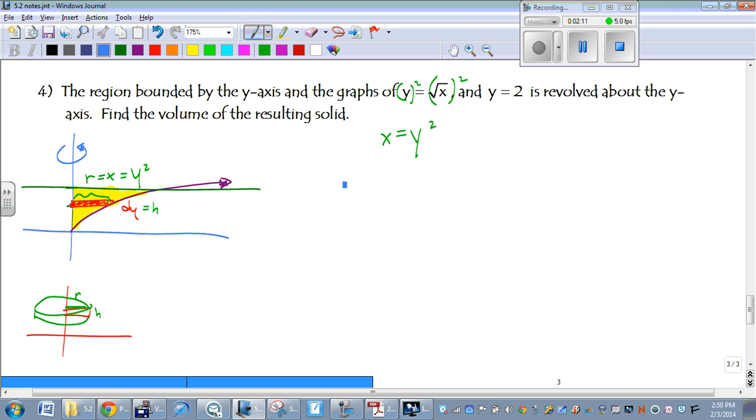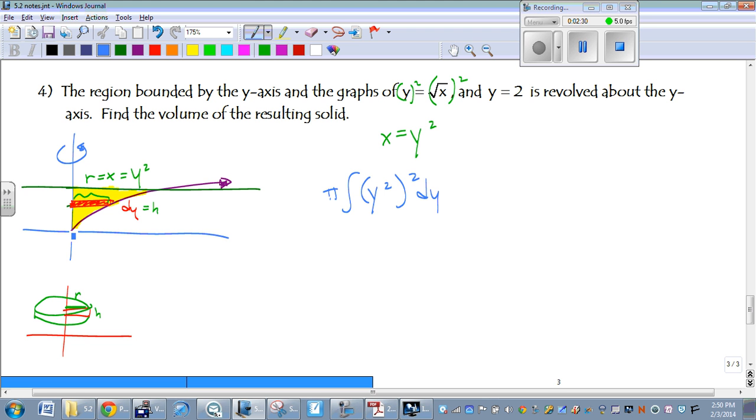So when we set up our integral, we've got pi times the radius squared, so the radius is y squared, and then we're going to square that, times the height, which is dy. And then we need to figure out our lowest and highest y values. Remember, everything has to be in terms of y here.